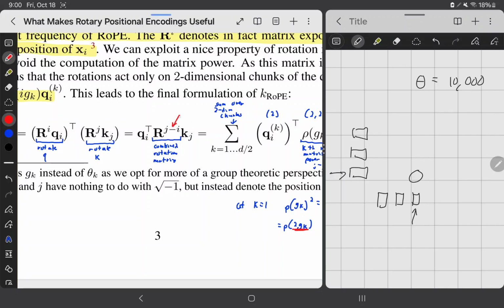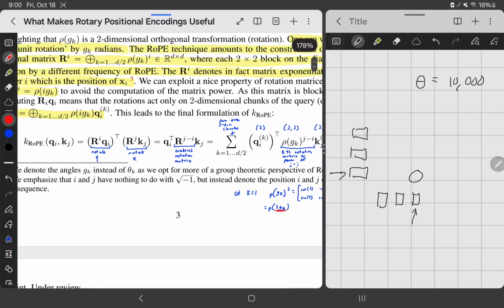And whenever i and j are equal, this is just the identity matrix, so there is no rotation at all relative to each other. But whenever i is not equal to j, you get this relative rotation using this power of your rotation matrix that you're multiplying by on the pairs of dimensions. So that's the idea behind that.